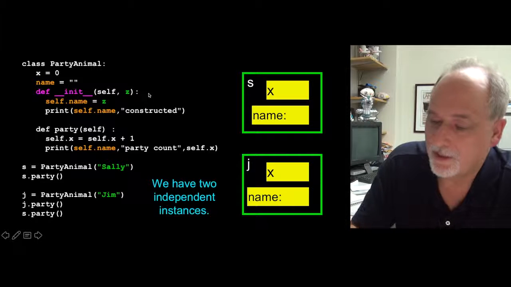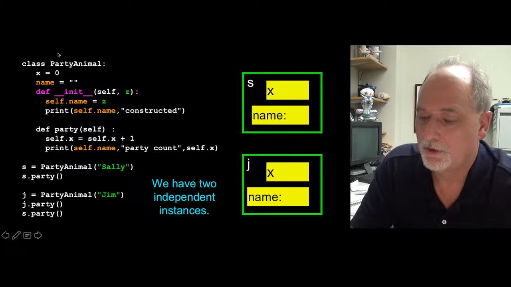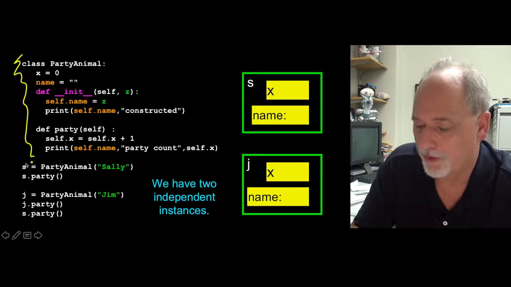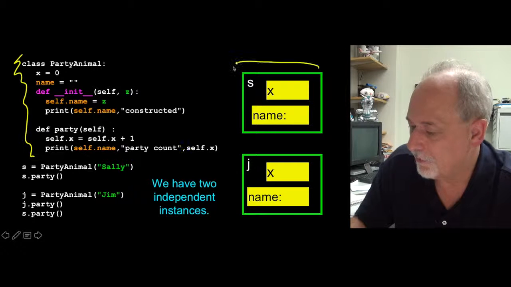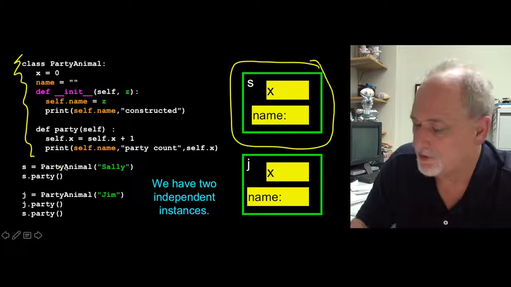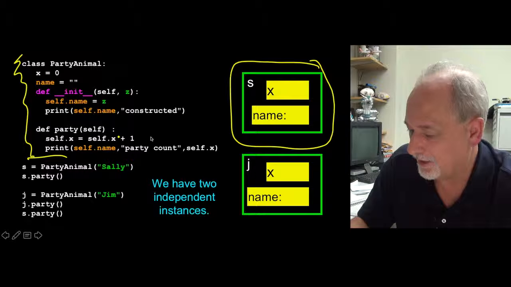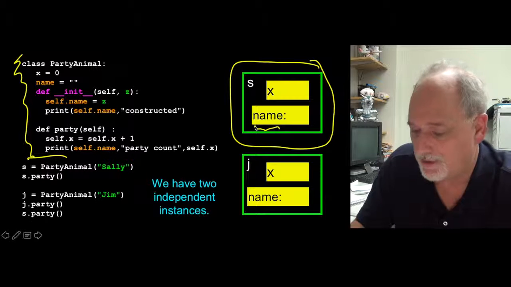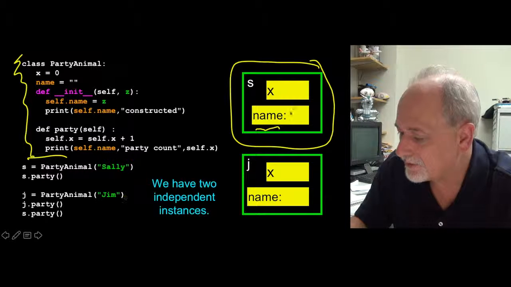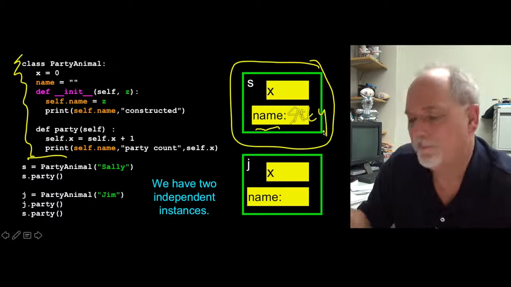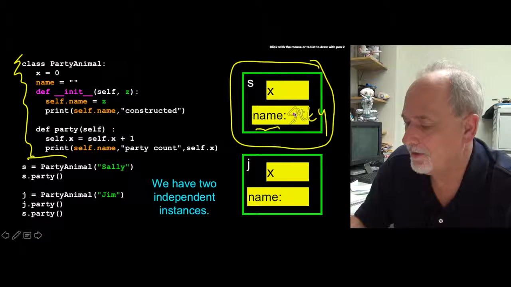As it runs down here, when this is called, it makes one instance and stores that in the variable s. And there's a variable x in there, there's a name in there, there's an init method in party, and all that stuff is in here. And that's going to have Sally in there.